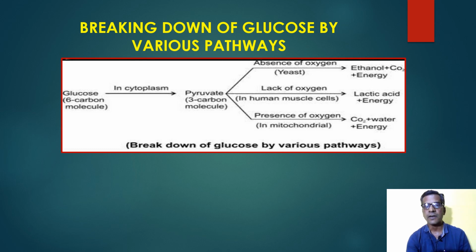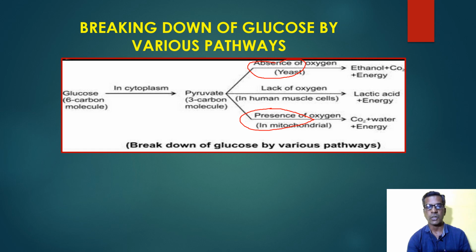In the lack of oxygen, it produces lactic acid and energy. In the presence of oxygen, it produces carbon dioxide, water, and energy. So this is the aerobic type of respiration, this is the anaerobic type of respiration, and this is the lack of oxygen respiration. For the examination point of view, you have to concentrate more on this diagram.